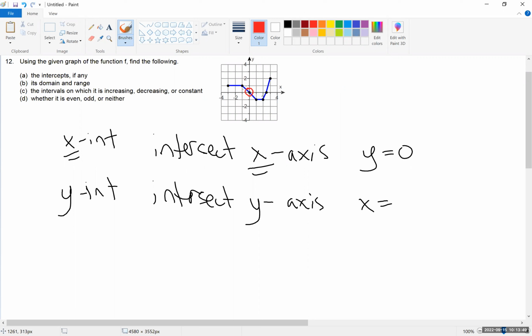And this one right here actually looks like 2.5, 0, because each tick is 1. So we go 1, 2, but it's a little further. So that's probably 2.5, which is 5 halves. So we have 0, 0, and we have 5 halves, comma, 0. You can put 5 halves or 2.5. It should mark you right with 2.5 also. Both should be correct. And then those are your x-intercepts.